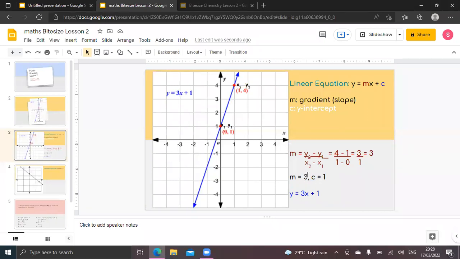What is your m just now? m is actually 3. And then just put the x. Do not lose the x. And then plus c. c is actually 1. So the answer is y equals 3x plus 1. That is the equation for this line. This is when we are given the graph.